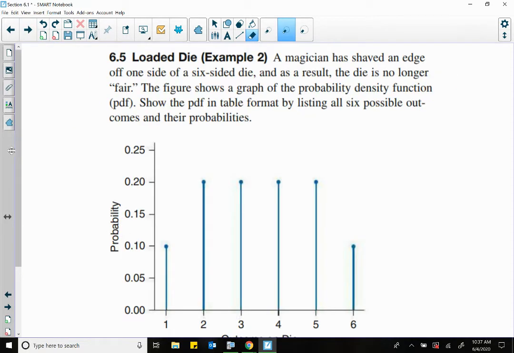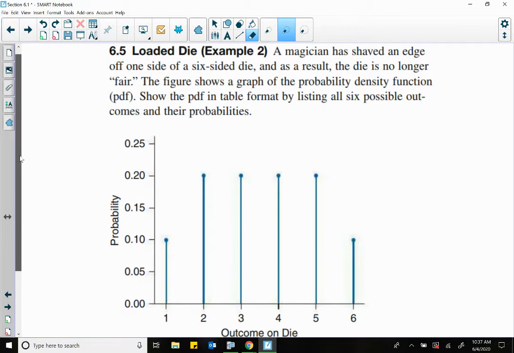All right. So here's a probability distribution. We abbreviate probability distribution as PDF. Probability distribution function. That's what the F stands for. And sometimes we also call it probability density function.